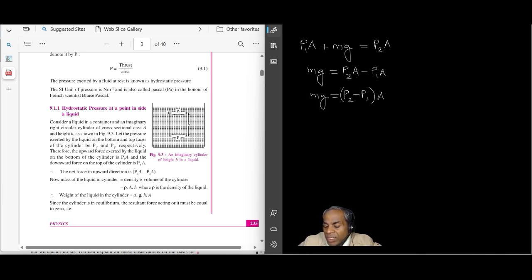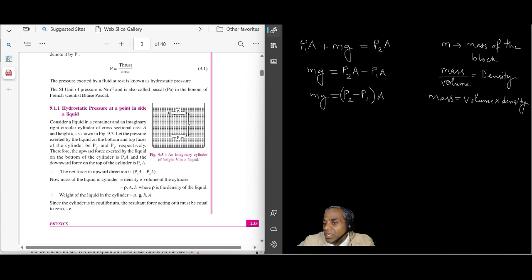Now, what is mass? M is nothing but mass of the object, that is the imaginary block we have understood. We know that mass by volume is a physical quantity called the density of the object. So mass can be understood as volume into density. Now what is volume? Further we can break it down. If I take this object, it's a cuboid in our example.